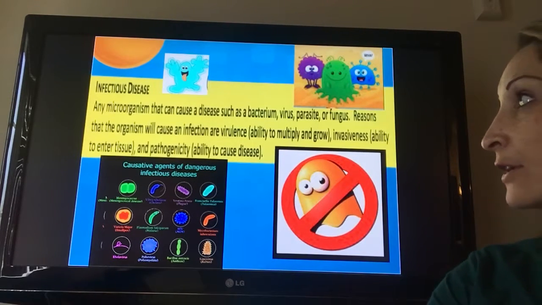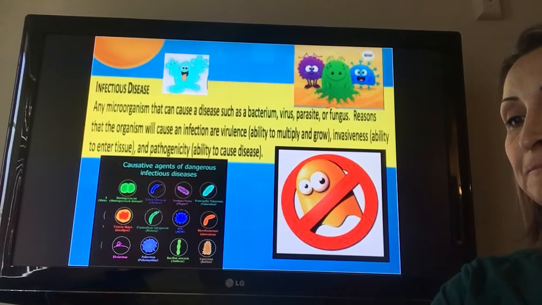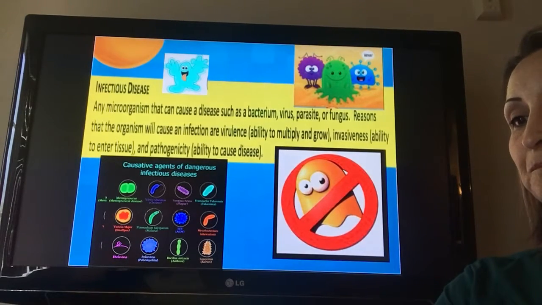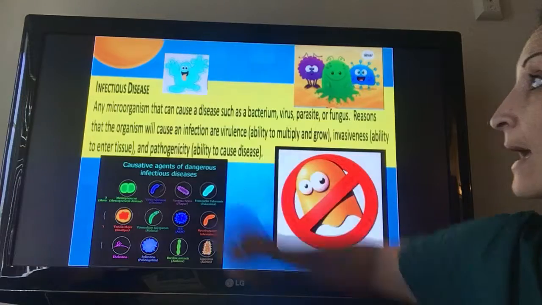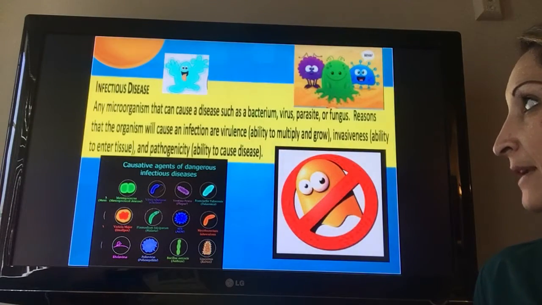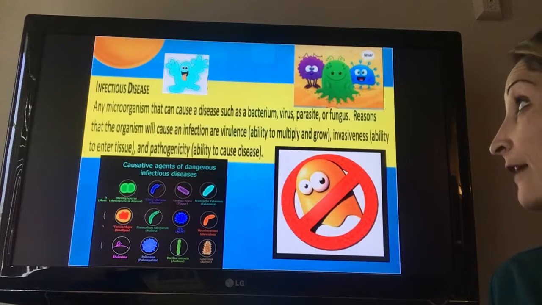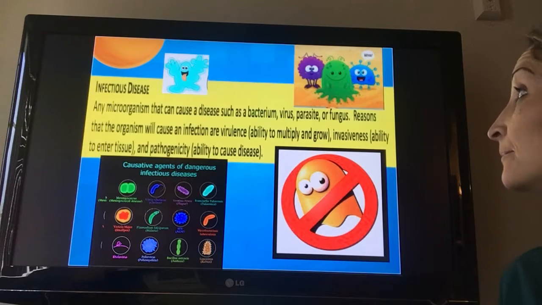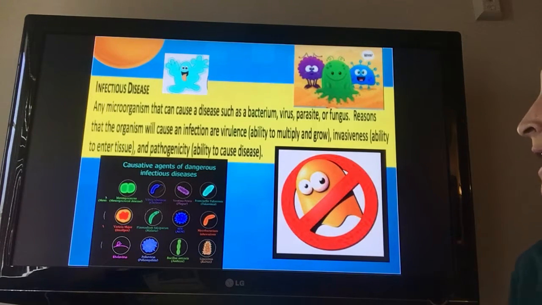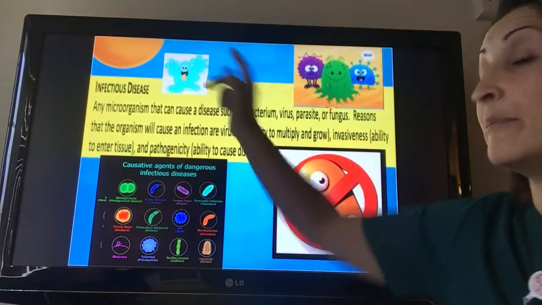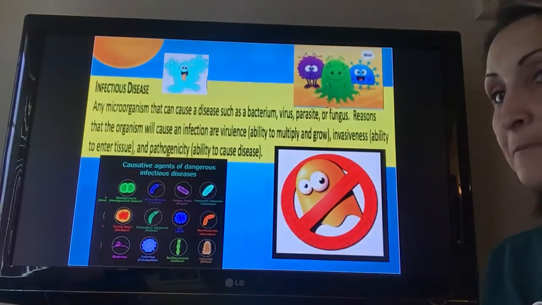Now we have here the infectious disease. Any microorganism that can cause a disease, such as a bacteria, a virus, a parasite, a fungus, will be the pathogens or the organisms.